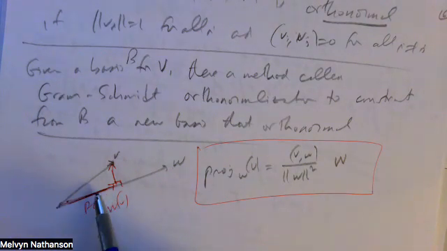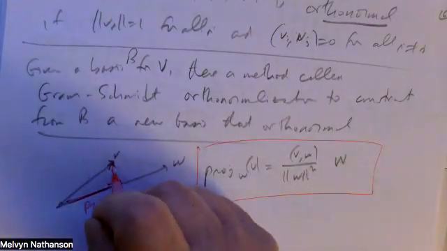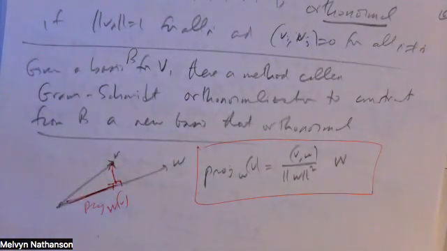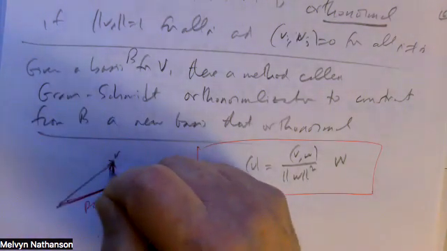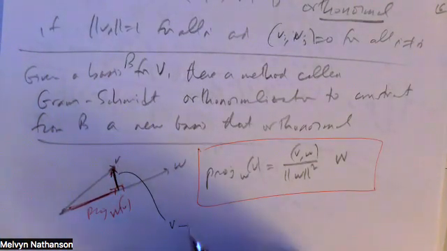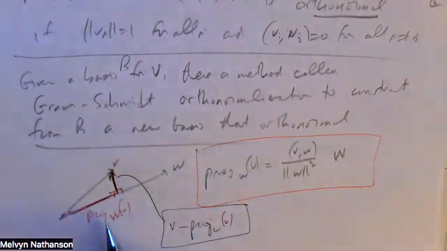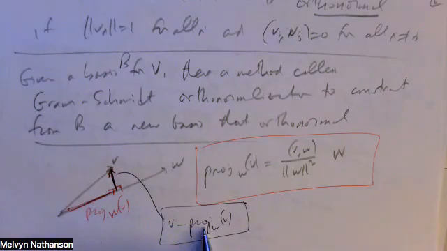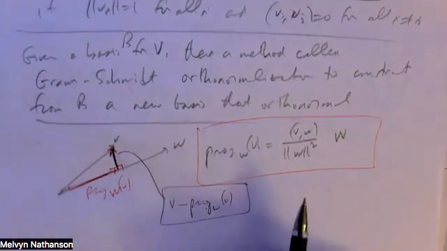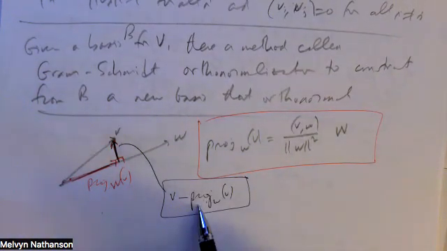And the component of V perpendicular to W: this plus this is going to be equal to V. So this vector is what you have to add to the projection to get to V. It is V minus the projection of V in the direction of W. And I claim that this is perpendicular to W. What does it mean for this to be perpendicular to W?